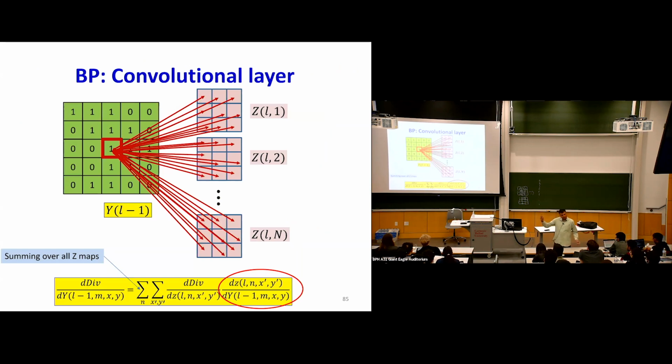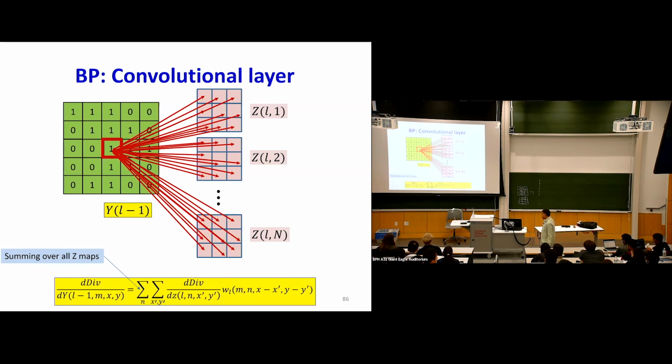So, writing my derivative out, the derivative of the divergence with respect to Y x y, overloaded symbols, but this is uppercase Y, lowercase x y. It's going to be the sum over all the output channels, and within each channel, the sum over all the positions of the derivative of the divergence with respect to that element of the output channel times the derivative of z x prime y prime with respect to Y x y.